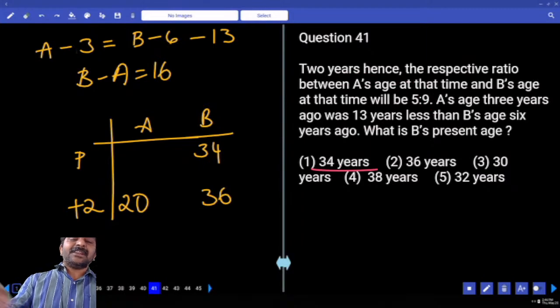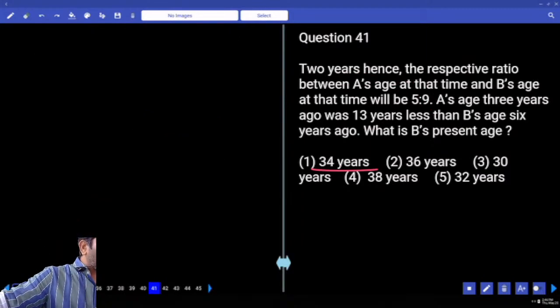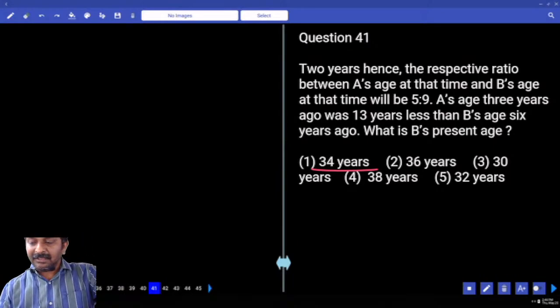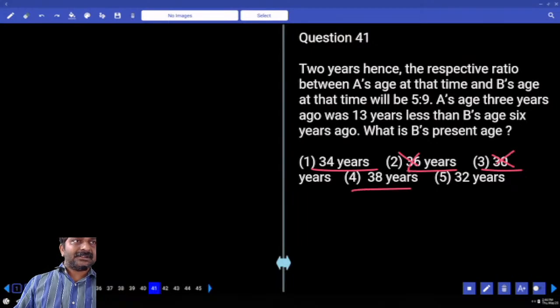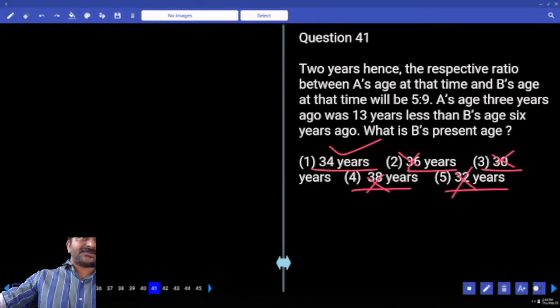If age is 34 after 2 years, is it a 9 multiple? That may be your answer already. If age is 36 after 2 years, is 36 a 9 multiple? Only one satisfying, that's fine.